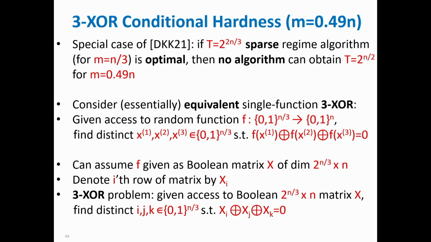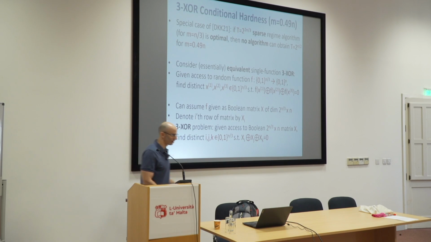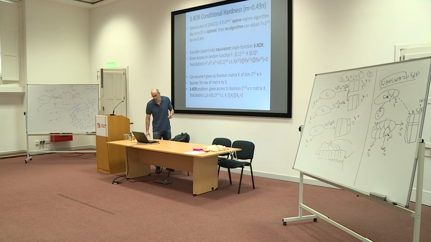That's essentially an equivalent formulation to the 3-sum problem. Any questions about this? We just switched formulations. We didn't really do anything too interesting here, but it's going to be more convenient to work this way.